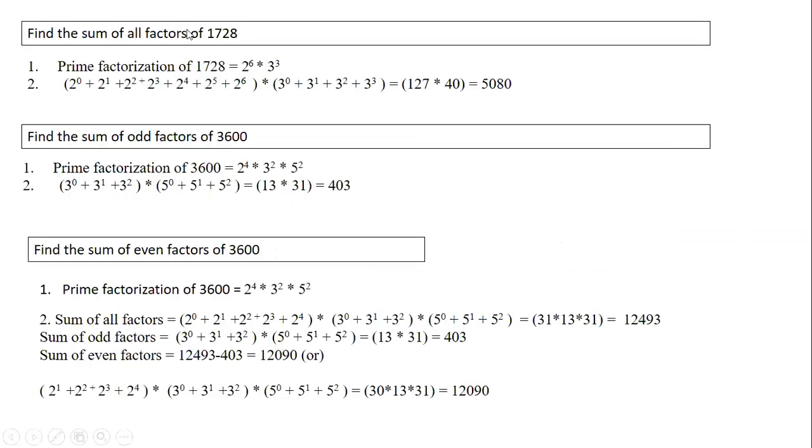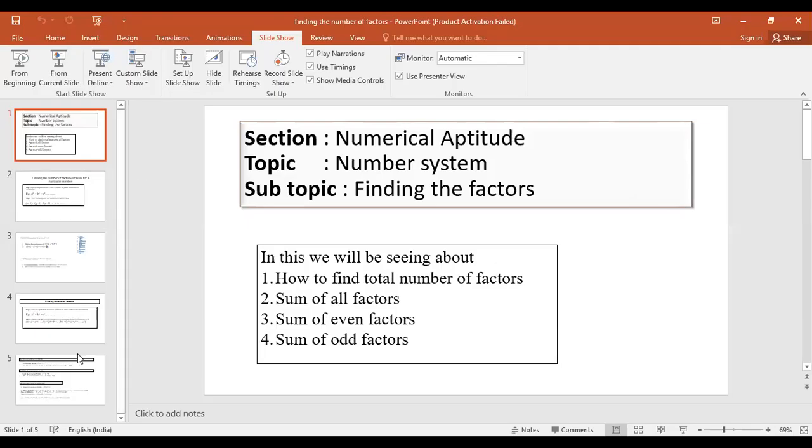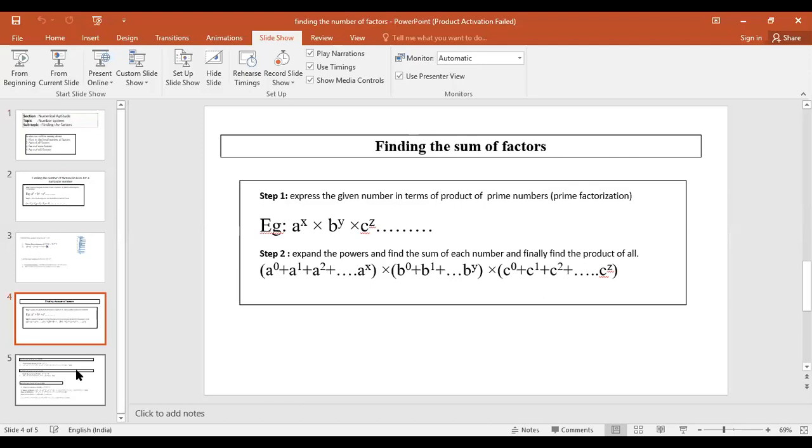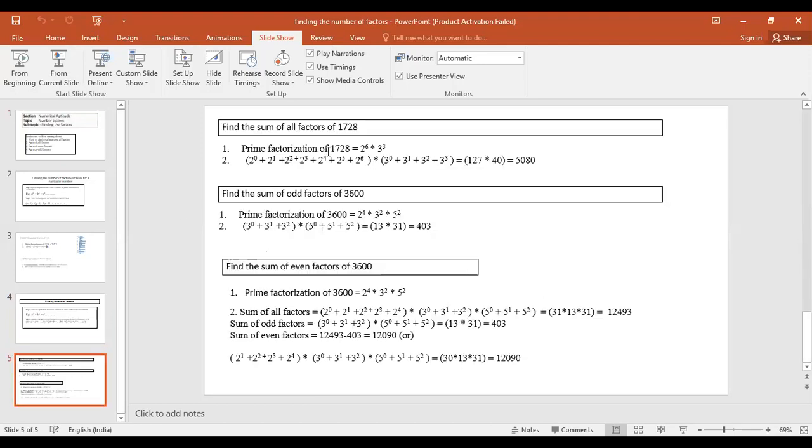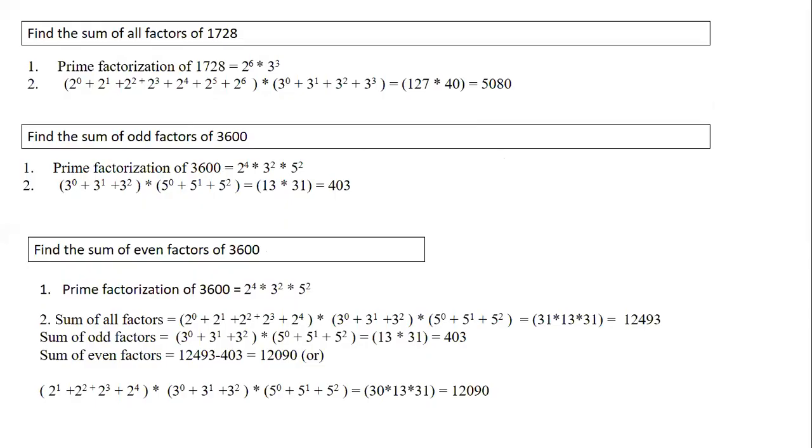Find the sum of all factors of 1728. I think now you will be able to find the prime factorization for 1728, which will be 2 power 6 into 3 cube.